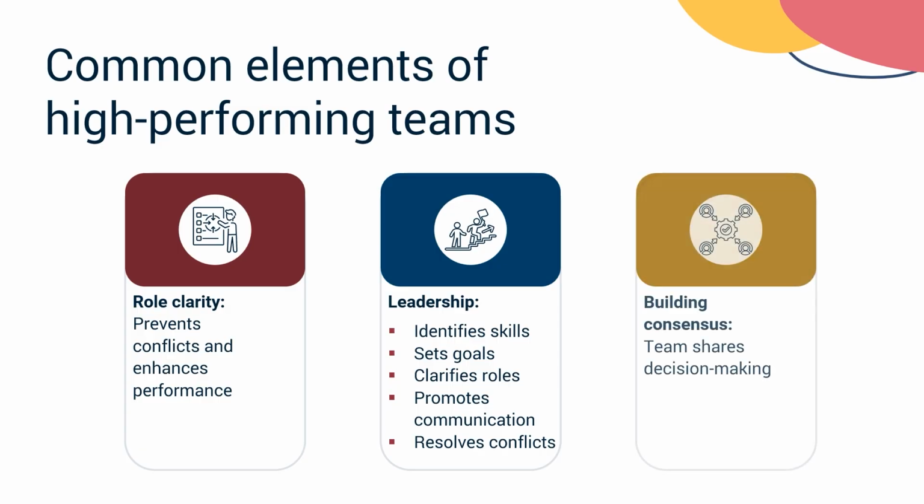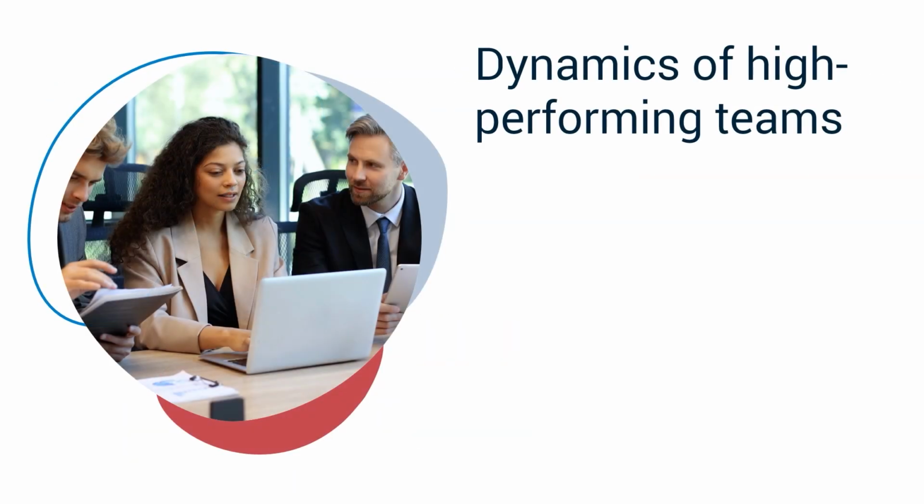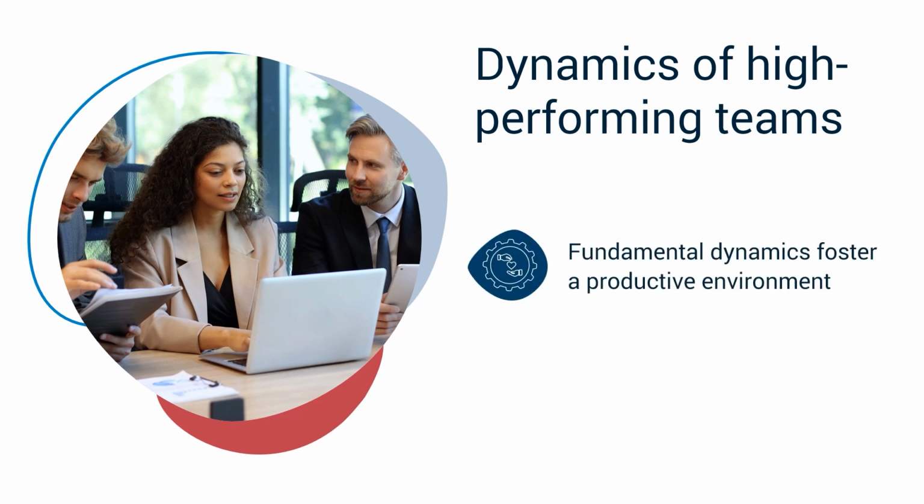Lastly, cross-functional high-performance teams share decision-making, enabling robust and rounded solutions with collective input. The leader guides collective input and pushes the team toward consensus. An efficient, collaborative, cross-functional team can be built by understanding fundamental dynamics that foster a productive environment.